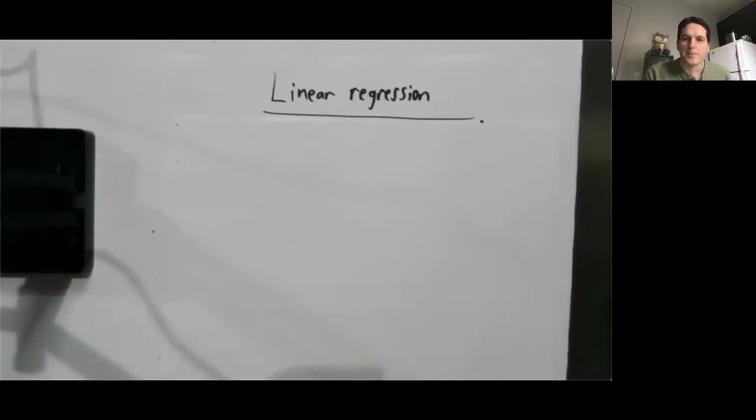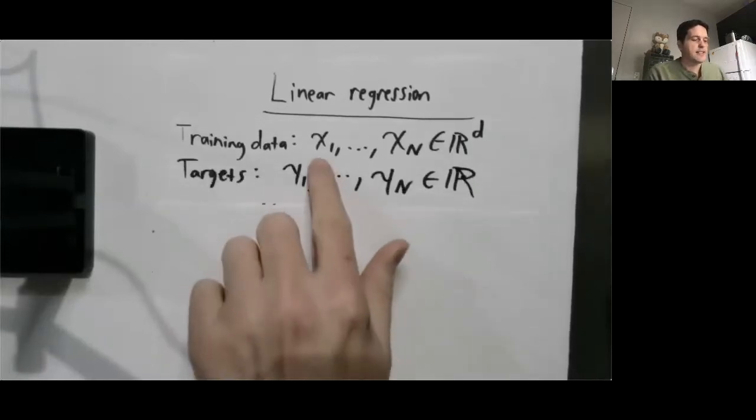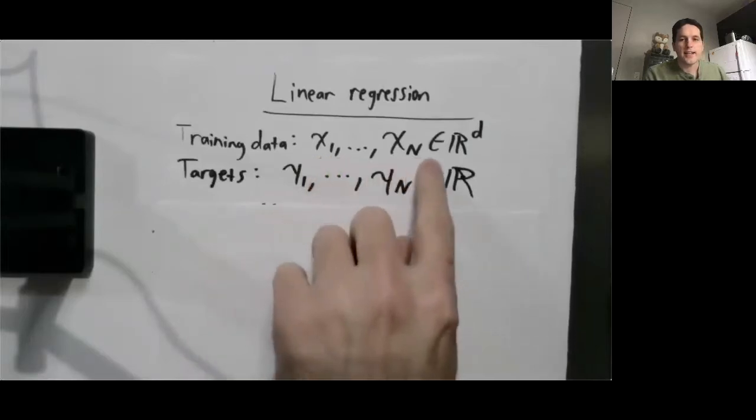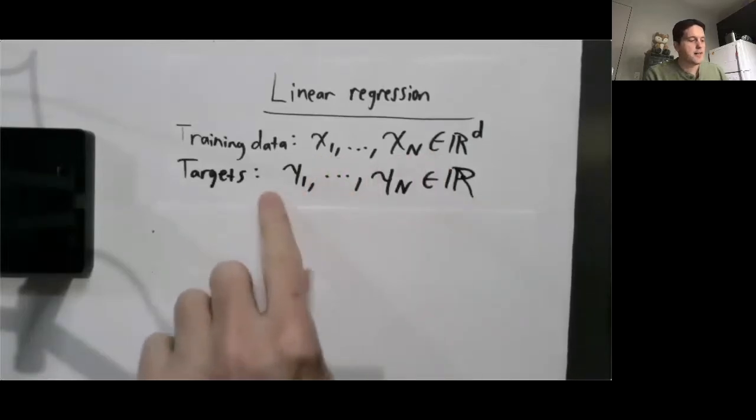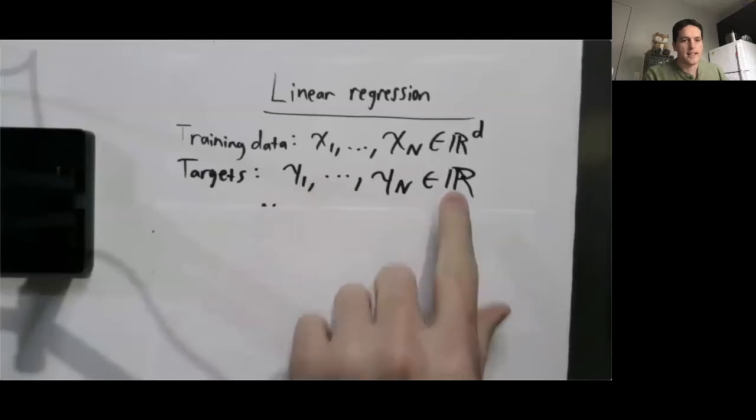Next, I want to explain in detail how to do linear regression with L2 regularization. First, I want to just review basic linear regression. We're given a list of feature vectors in R^D and corresponding target values, which are real numbers. That's our training data.